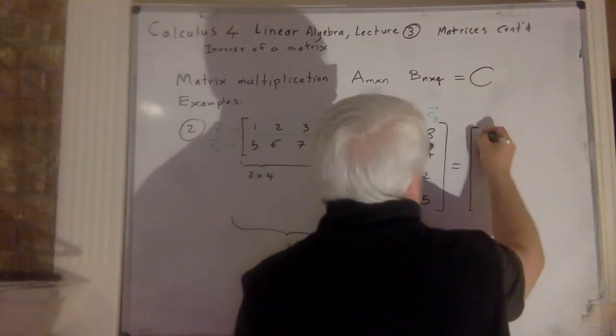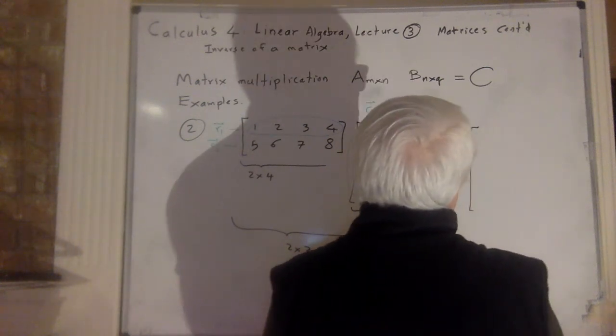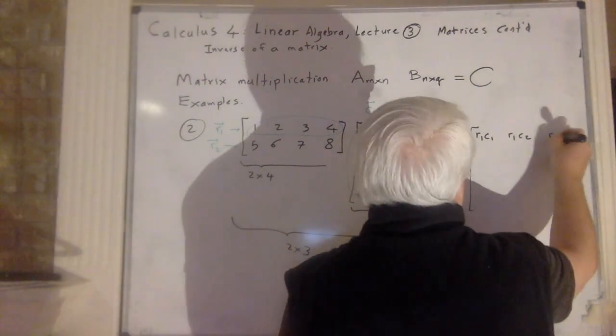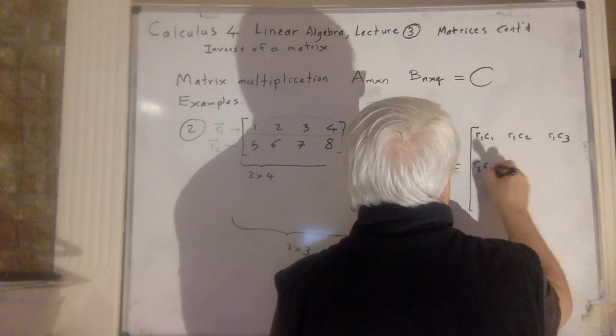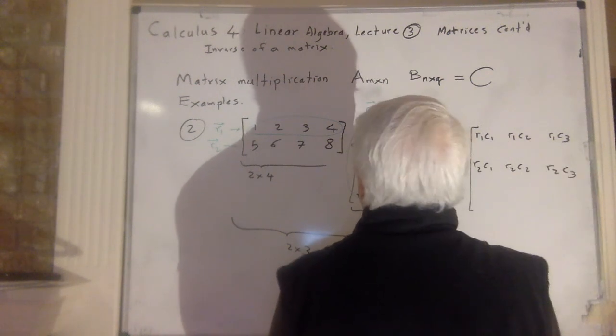So let's divide it here: R1C1, R1C2, R1C3, R2C1, R2C2, R2C3, and finished.